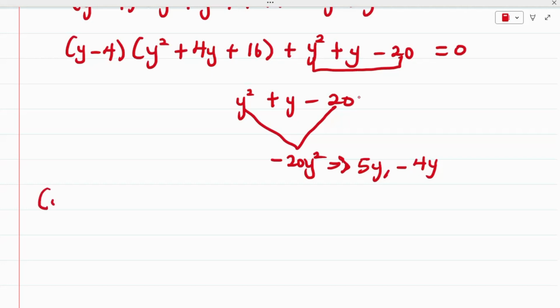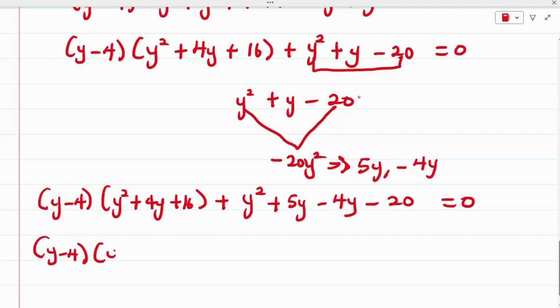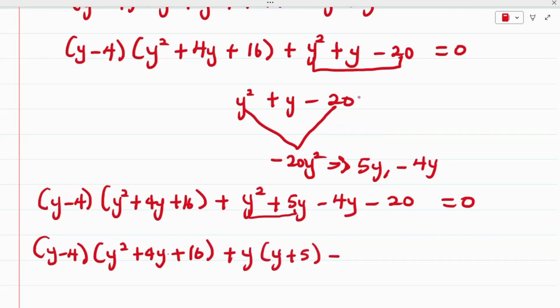So hence, the equation becomes y minus 4 multiply y squared plus 4y plus 16 plus y squared plus y. We're going to put plus 5y minus 4y minus 20, and this is equal to 0. So we have y minus 4 multiply y squared plus 4y plus 16 plus, now factor out, we have y to be common, so we have y plus 5 minus, now between 4 and 20 we have 4 to be common, so from here we have y plus 5, and this is equal to 0.